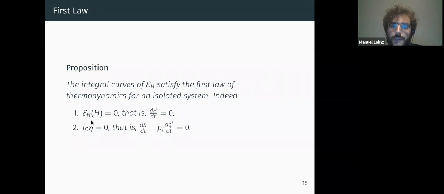Indeed, it preserves the energy and it is tangent to the contact form.